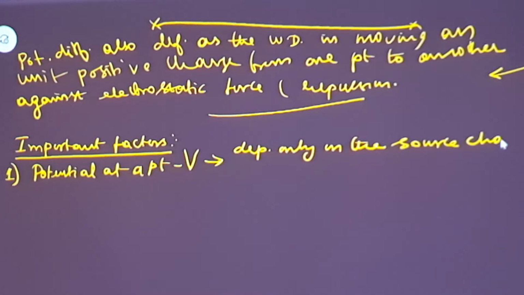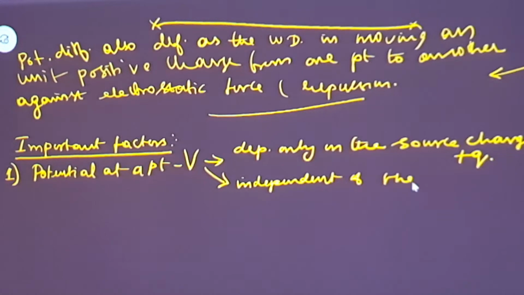What is that source charge? The charge which is responsible for producing the electrical field, that is plus Q. Similarly, this potential at this point is independent of the unit positive charge or the test charge that you have moved from one point to another point.